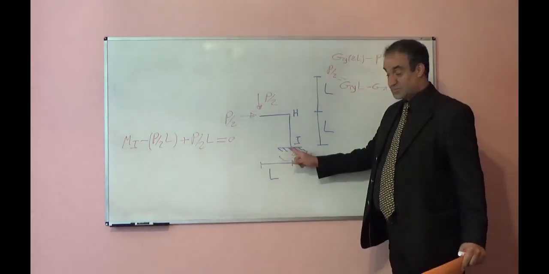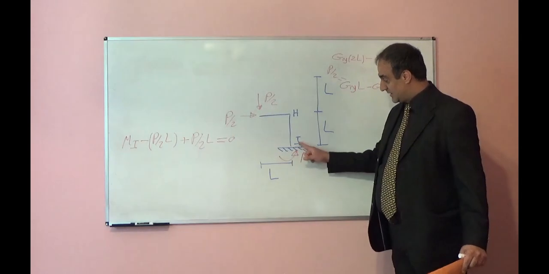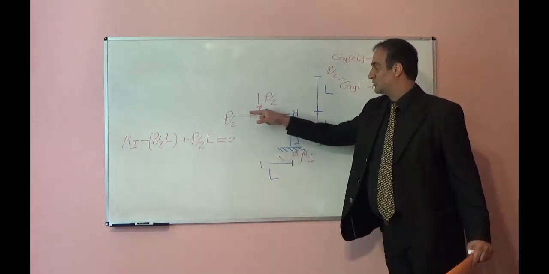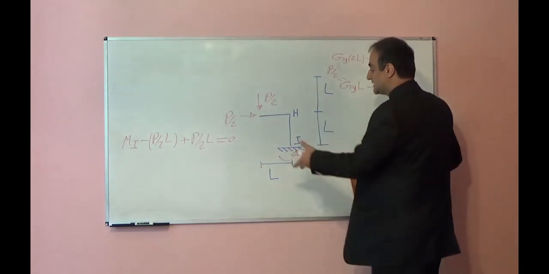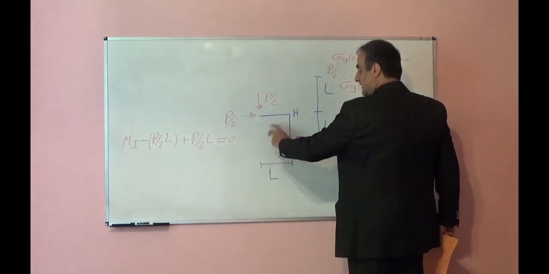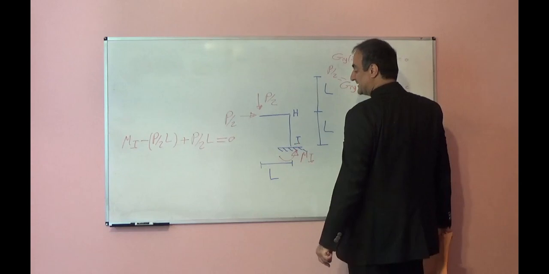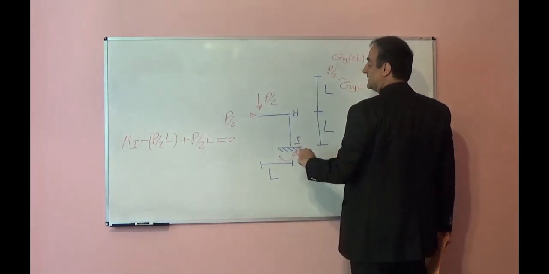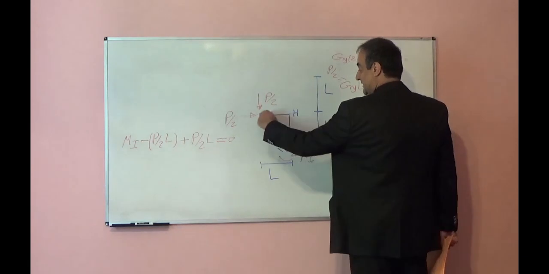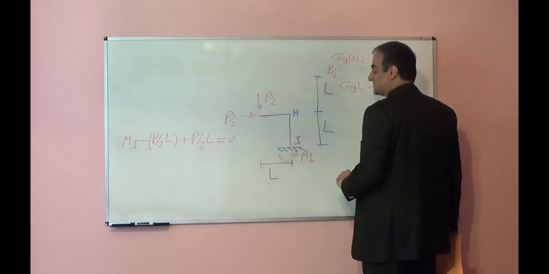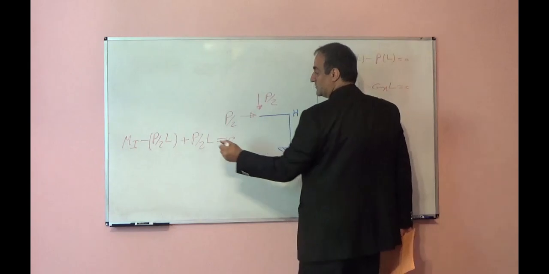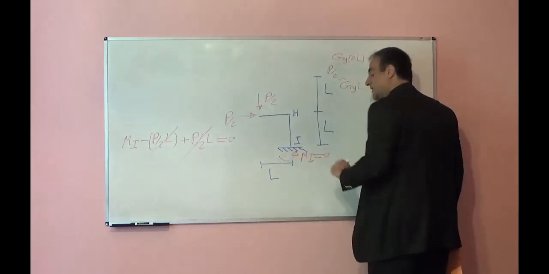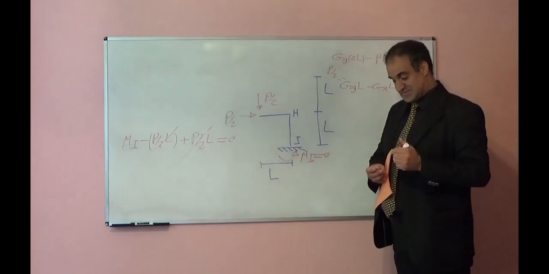MI reaction is counterclockwise. Minus P over 2 times L wants to rotate this part clockwise, so negative with respect to point I. P over 2 times L wants to rotate this piece counterclockwise with respect to I, so positive, is equal to 0. These will cancel each other, and MI will be equal to 0.